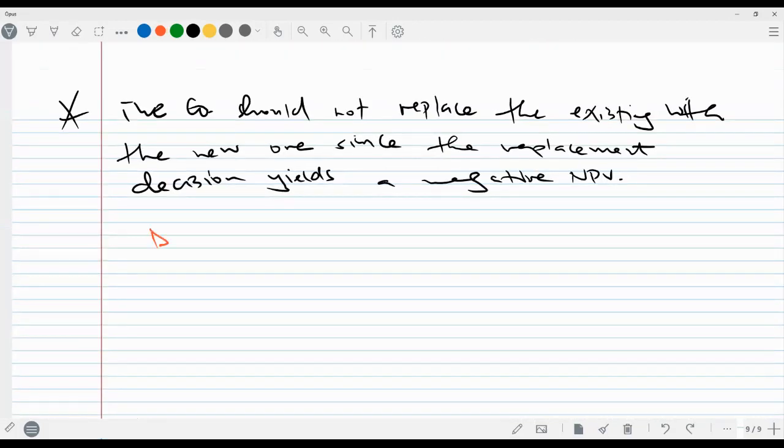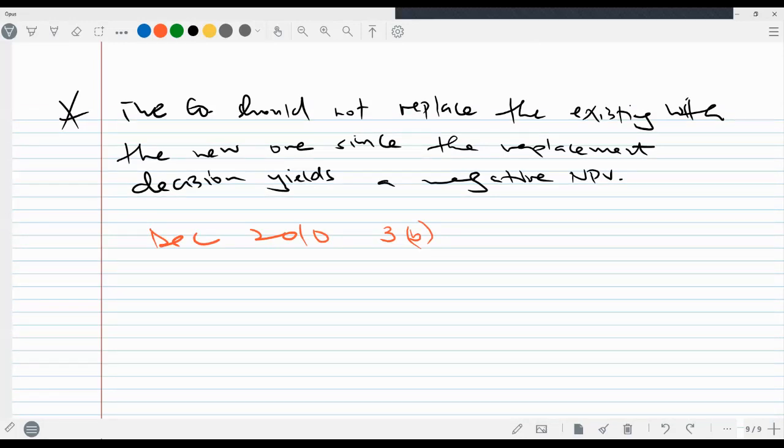So this is December 2010, question 3B. Here you've been asked to get the NPV. First of all, you've been told that this company wants to buy a machine. So this is not a case of replacement, but a case of supplement.